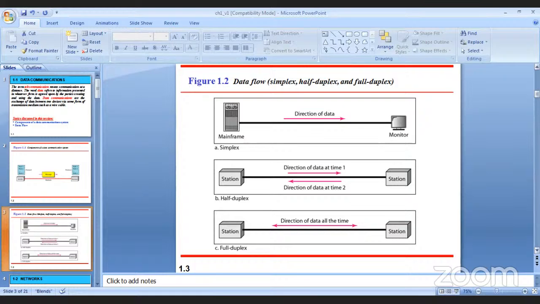I think you have seen, for example, the policeman holding a walkie-talkie.